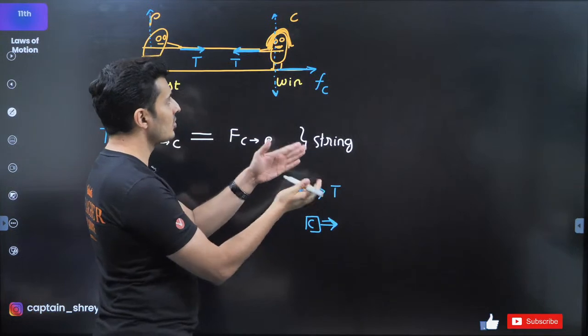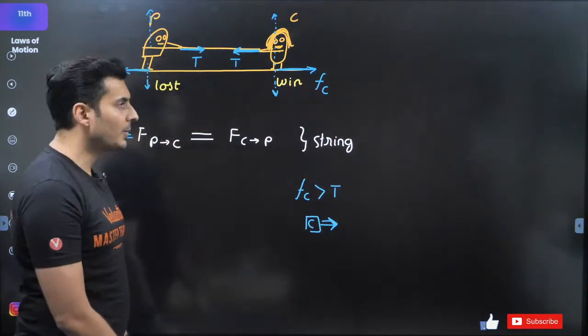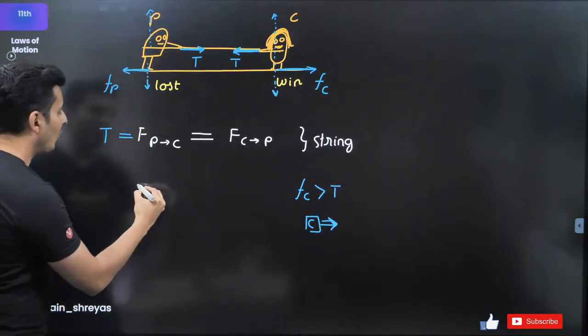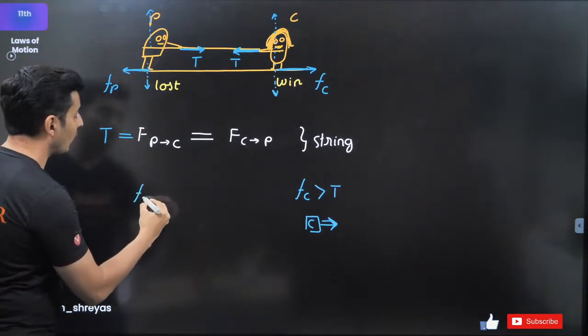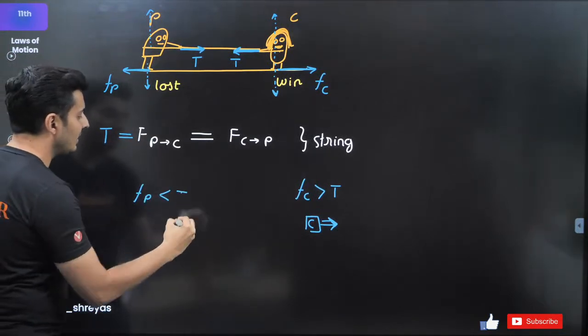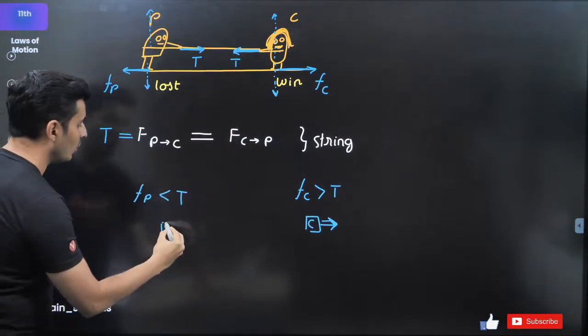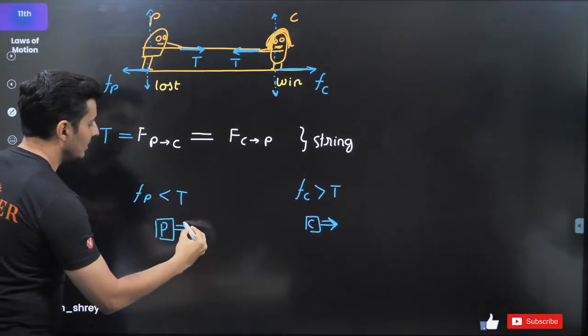So that force was more, this force was less. Here the force by friction on Pandu was less than the tension force. That's the reason tension was higher, which was able to move Pandu towards this side.